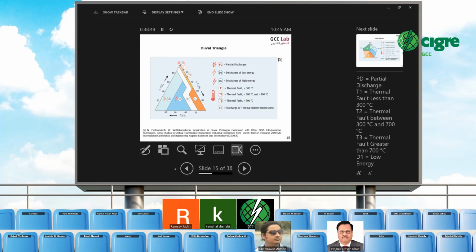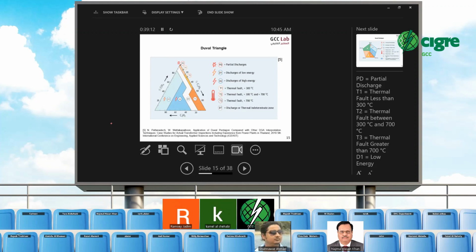The Duval triangle gives me very short information about whether you have partial discharge or thermal fault or something like that, based on the ratio percentage of each gas.